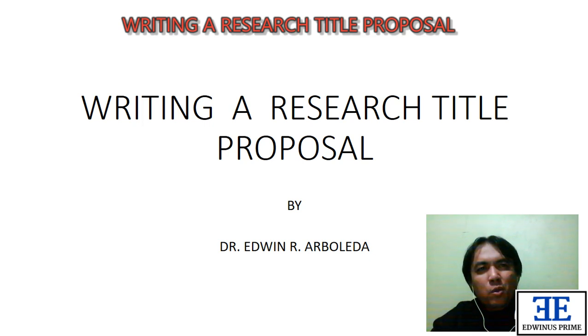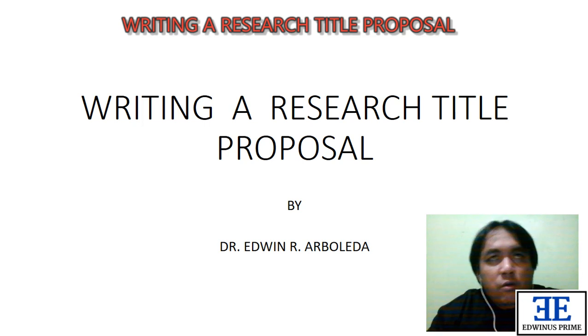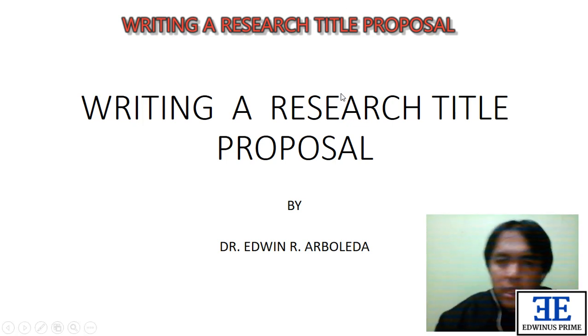One or 2 years in undergrad, 2 years at the MS level, 3 years at the doctoral level. Your target to finish your research must not go beyond that limit. Okay, let's go.